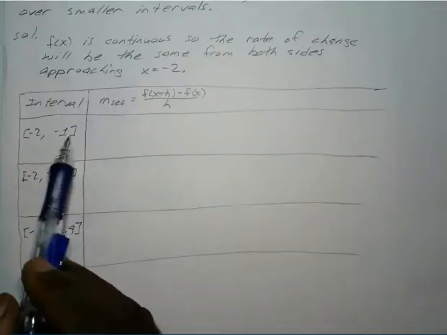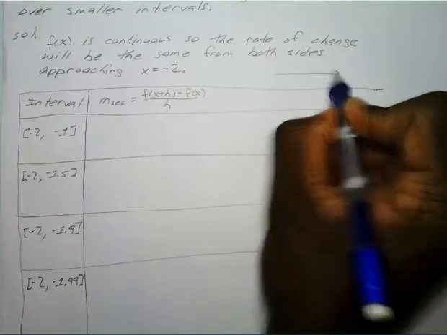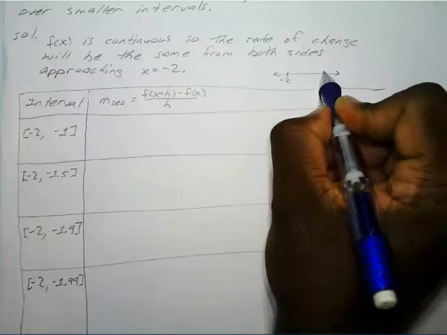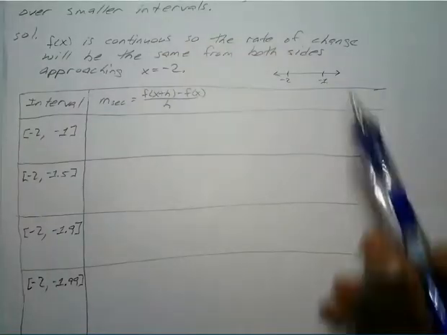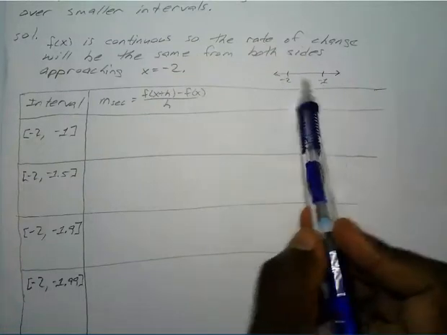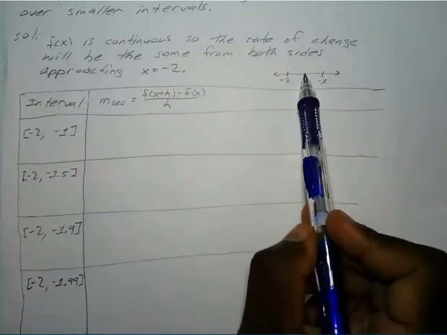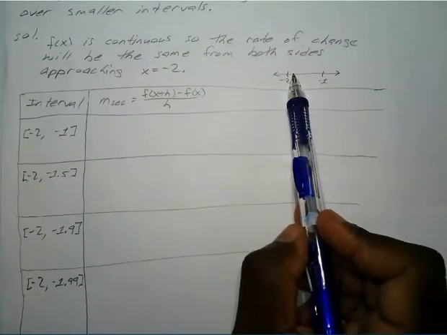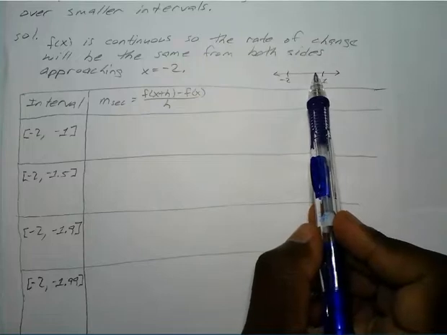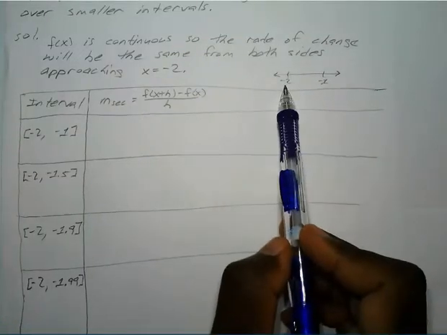Okay, so what we're doing is, just draw a quick little number line. You know how I love those. They have -2, and this is -1. We're going from x to x plus h. So we're going from -1 to -1.5 to -1.9 to -1.99. So our x plus h is getting closer and closer to our x. Okay.